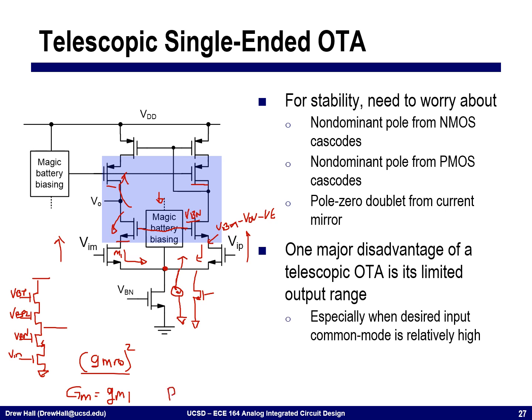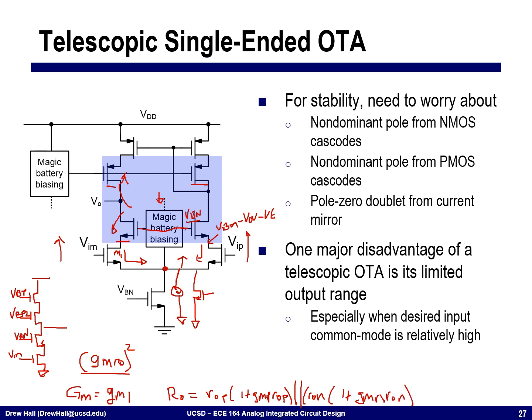And in this case, R out is going to be ROP times 1 plus GMP ROP, and this is in parallel with RON times 1 plus GMN RON.